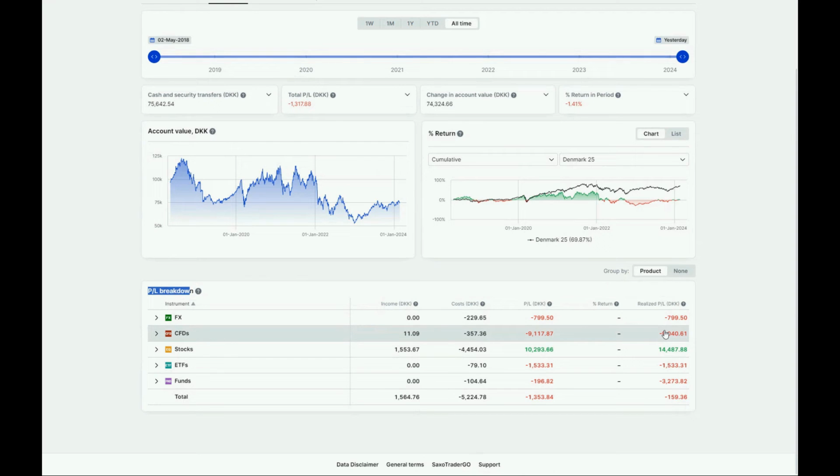So some of our clients like to take this risk of the currency out of their investments. So you can use FX to do that.